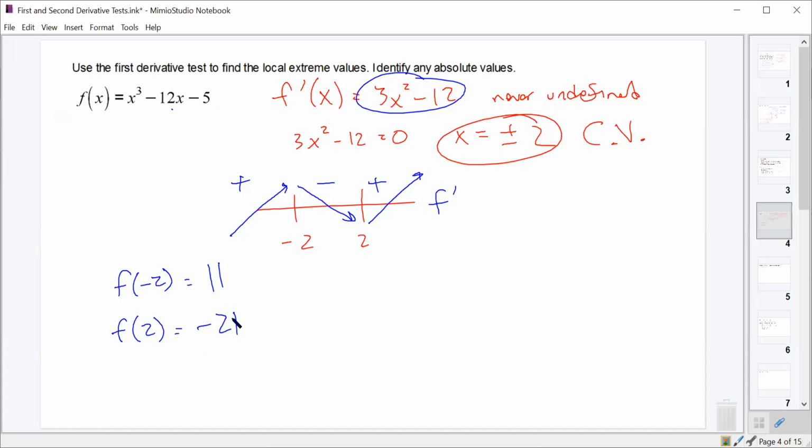We know they're local for sure, but how would we determine if they are absolute extrema? We need to check our end behavior, because if we look at our sine chart, we get down here to negative 21 at a local min, and then we start increasing.